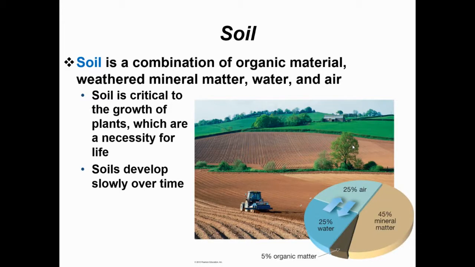All right, so then let's take a look at soil. So soil is basically just a combination of mineral material, so broken down earth material, weathered earth material, air, water, and organic matter. So organic matter, which makes up about 5%, is made up of basically carbon materials, things that will decompose.